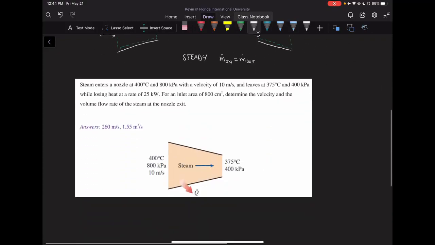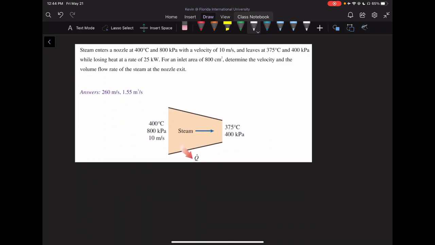So we have the example that says steam enters a nozzle at 400 degrees Celsius and 800 kilopascals with a velocity of 10 meters per second. Okay, and we have all this information written right here on the left as well. And leaves at 375 degrees Celsius and 400 kilopascal while losing heat at a rate of 25 kilowatts.